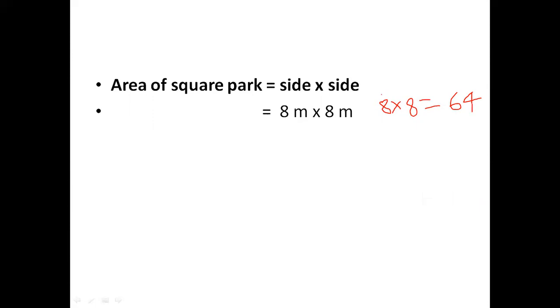And we have to multiply even the units. The unit is meter. So meter is raised to the power 1 and here also it is raised to the power 1. Again, I will use the law of indices where we have the common factor, then we can add the powers.